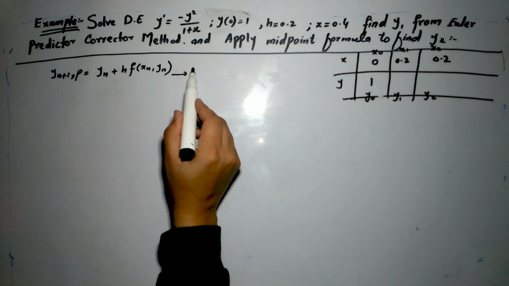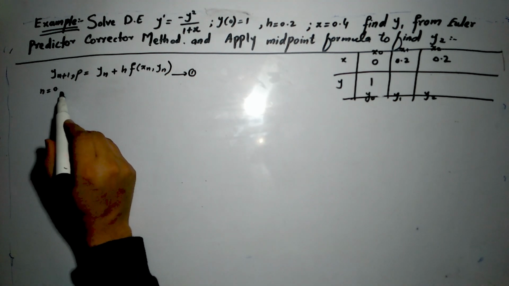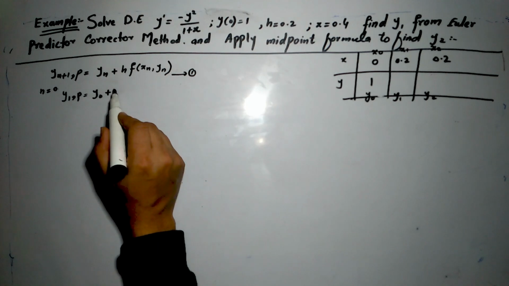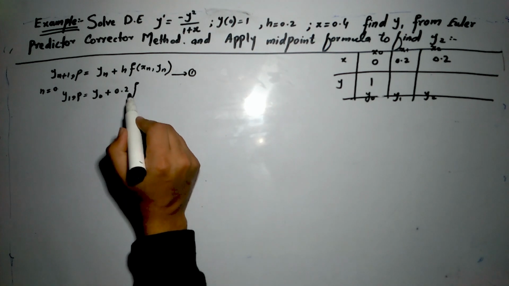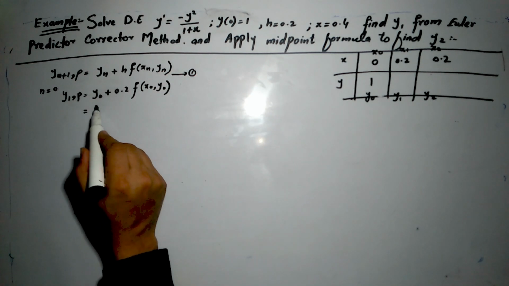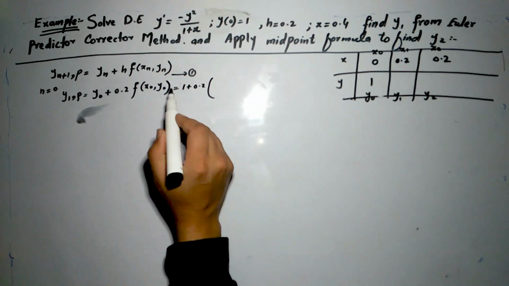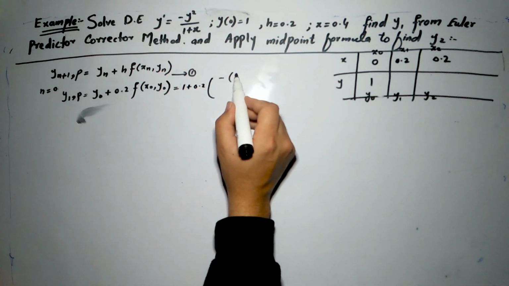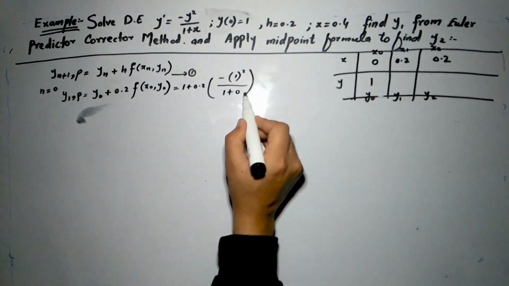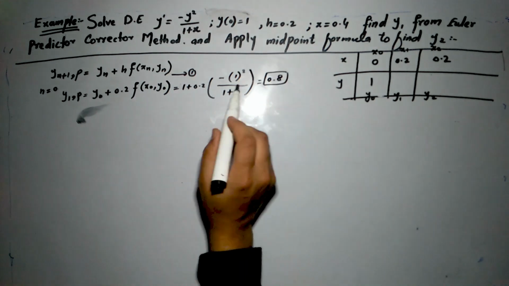If we take n is equal to 0, this will become y of 1, p is equal to y of 0 plus 0.2 f of x0 and y of 0. So y of 0 is equal to 1 plus 0.2 times minus 1 square over 1 plus x0, where x0 is equal to 0. So this will be equal to 0.8. So y1p will be equal to 0.8.